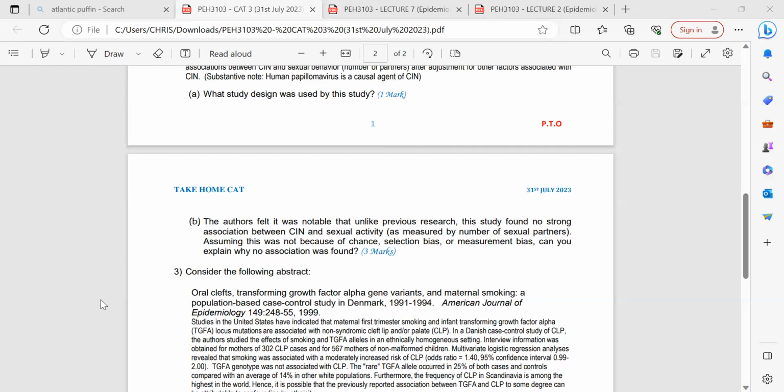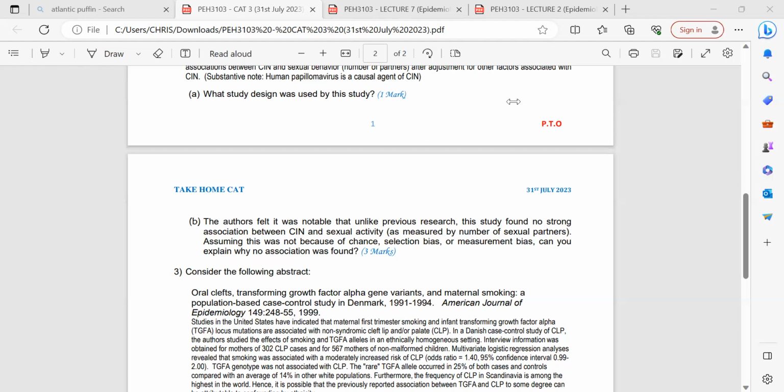So we can talk about confounding. Yes, Richard. Okay. You see, the question is, the author felt that it was notable that, unlike previous research, this study found no strong association between CIN and sexual activity as measured by number of sexual partners. Assuming this was not because of chance, selection bias and measurement bias, can you explain why there is no association?